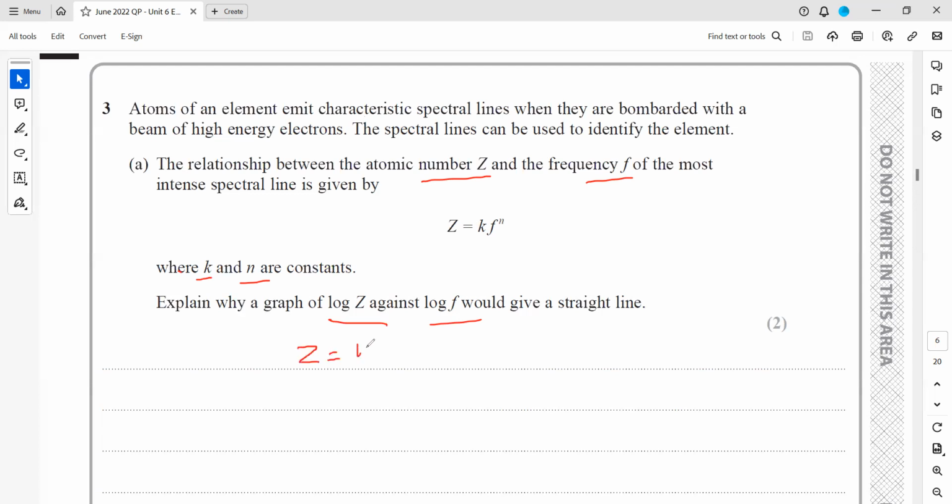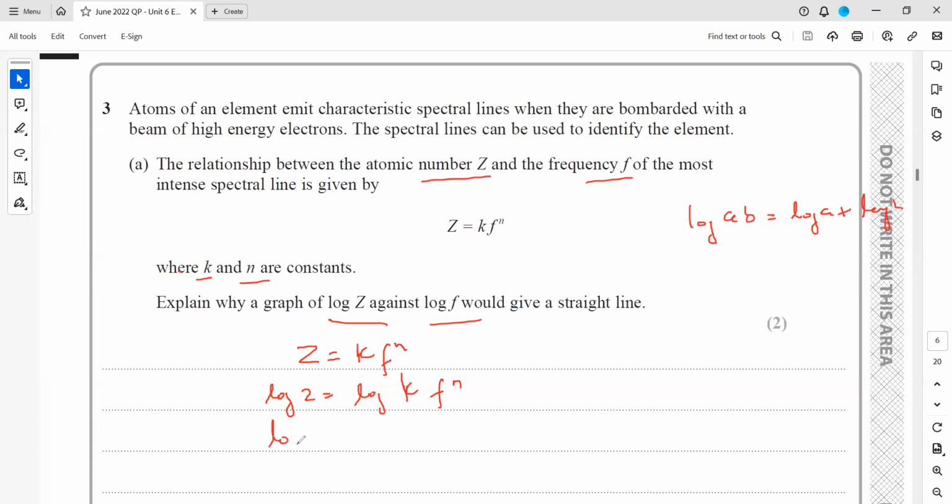Like this equation, z is equal to k f raised to power n. Now we'll take log both sides. So this will become log z, this will be log k multiplied by f raised to power n. In log, whenever two quantities are multiplied, like if it is log a into b, we write as log a plus log b.